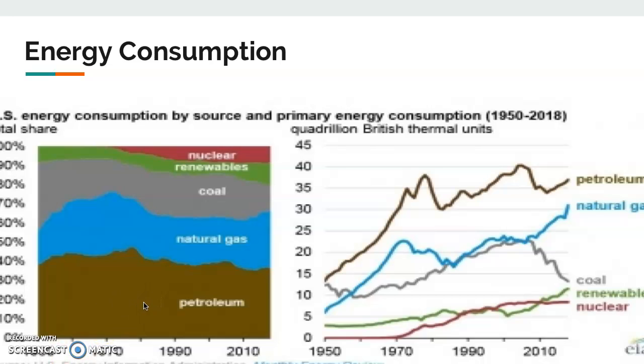Energy consumption, so how much we're using. I found this on the internet. This was from 1950 to 2018, so 78 years' worth of energy consumption. What I got from this is that crude oil, thermal coal, and natural gas continue to account for the largest share of energy in the United States.